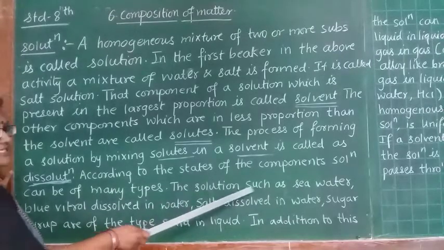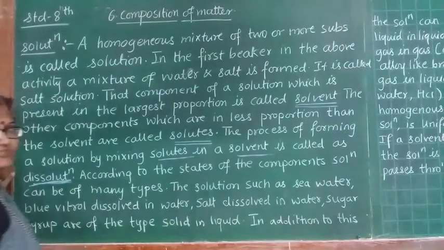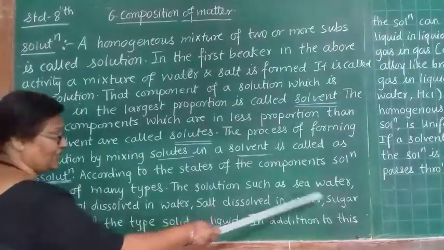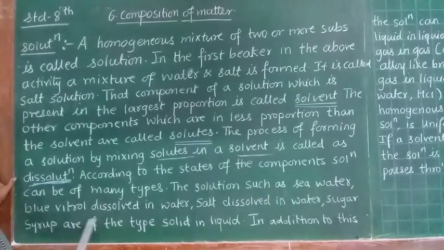The solutions such as seawater. Whenever you see seawater, in water there are many salts and minerals dissolved. So that is nothing but seawater. Then blue petrol dissolved in water, salt dissolved in water, sugar syrup are of the type solid in liquid. Why do we call this solid in liquid?